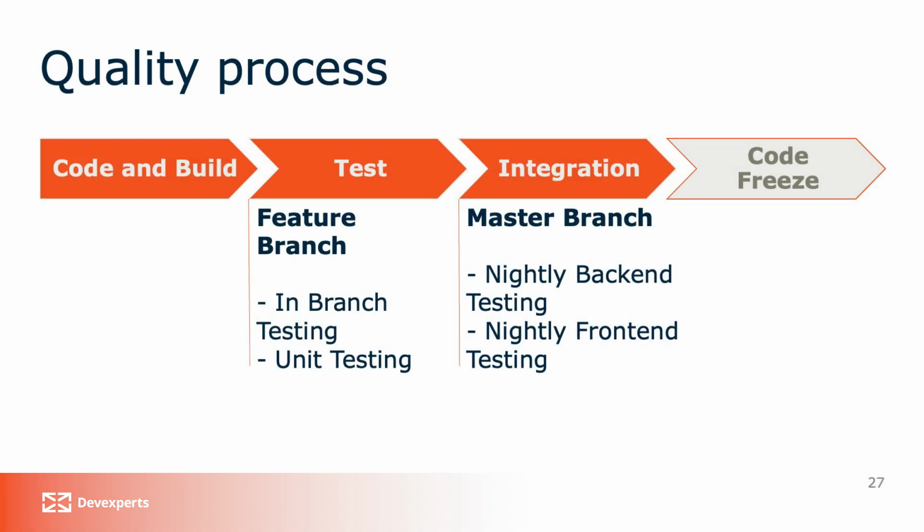And after the integration moment, all finished features are merged into a master branch, which receives every finished ticket. After this integration to the master branch, we have nightly backend testing and nightly front-end testing.